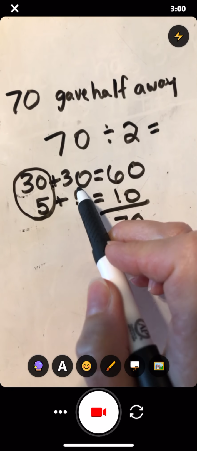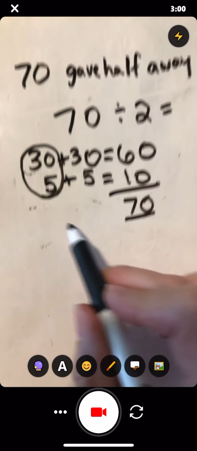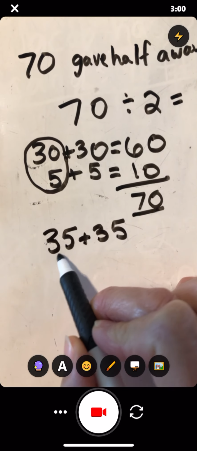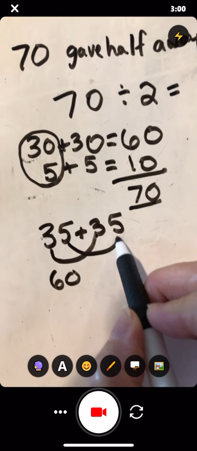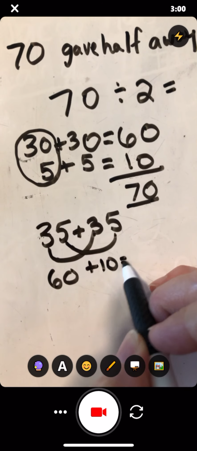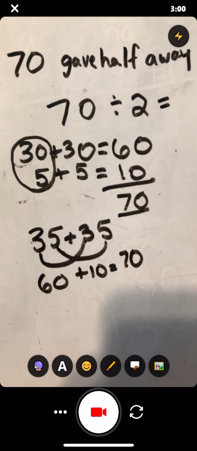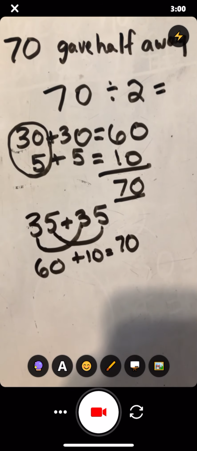If you get 35 and I get 35, we each have exactly half of 70, because 35 plus another 35, 30 plus 30 is 60, and 5 plus 5 is 10. And that's 70. So he gave 35 to his brother. And the question is, how many baseball cards does Jacob have left?